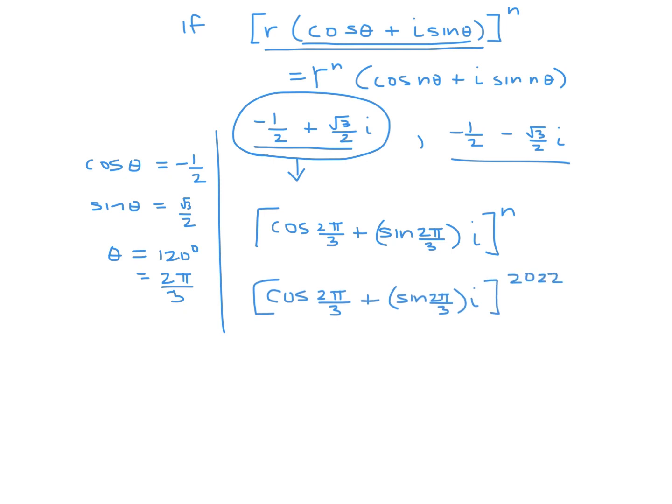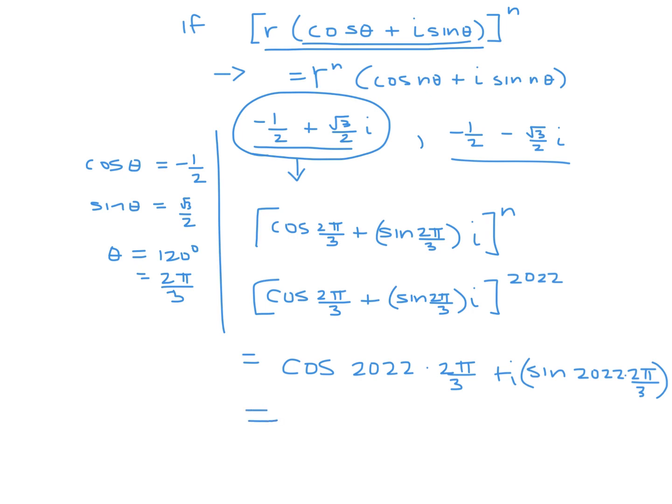And that's where the magic of de Moivre's theorem comes into play. There is no r, so we don't have to worry about that, but we just put the 2022 in front of the 2 pi over 3 in the cos, and then the sine 2022 times 2 pi over 3, and that's i.